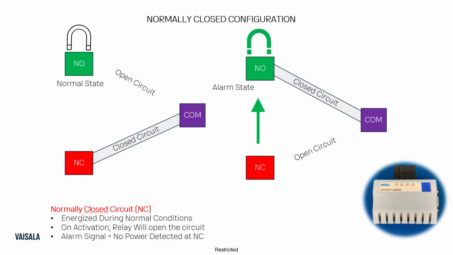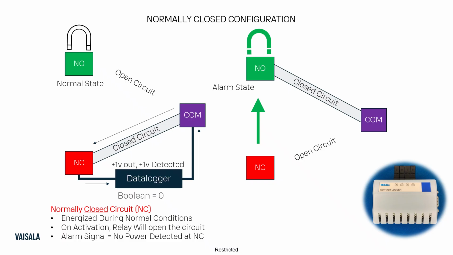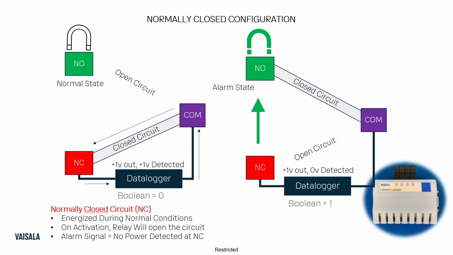So this again is the circuit to the data logger. When you pulse 1 volt in and 1 volt out between the normally closed contact and the COM, under normal conditions, you're going to get 1 volt back. But you want the Boolean to be inverted. You want the Boolean to be equal to 0, because that's your normal state.